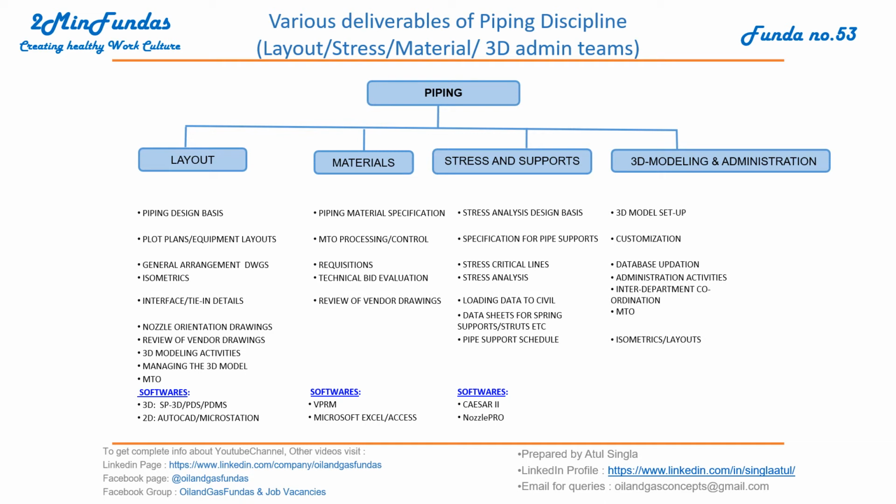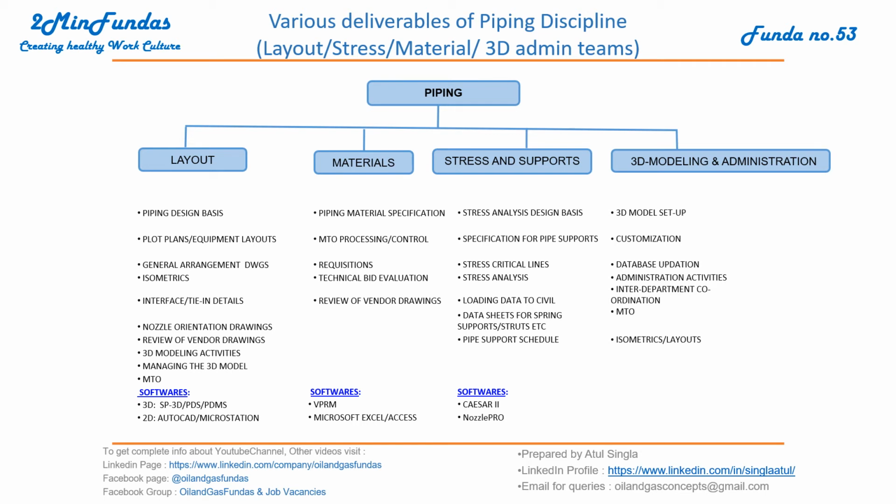At the same time, we have our 3D admin team. If the piping layout team faces any problem related to interface with the 3D software, they have to deal with the 3D admin team. At the beginning of the project, the 3D admin team sets up the 3D model. They customize things to help the 3D layout team so that they can model in the 3D software.